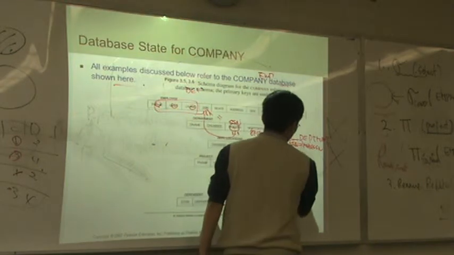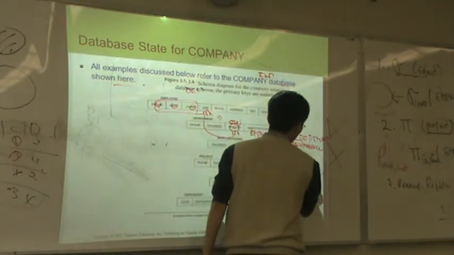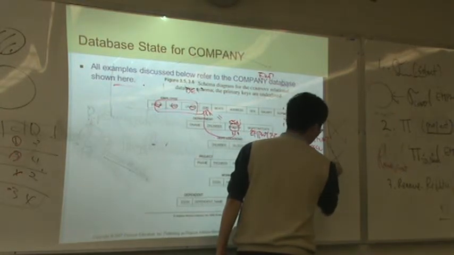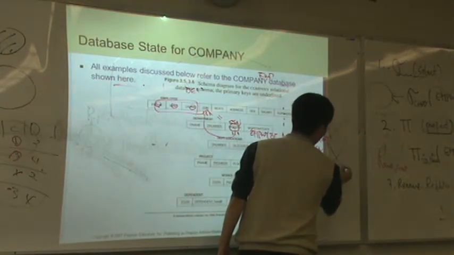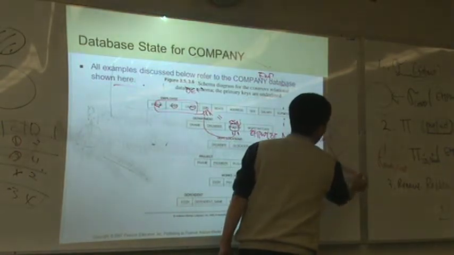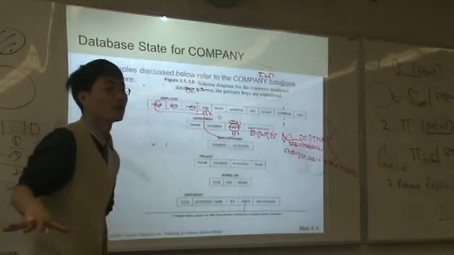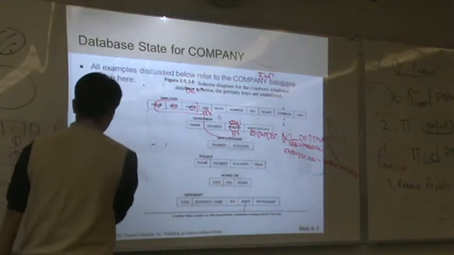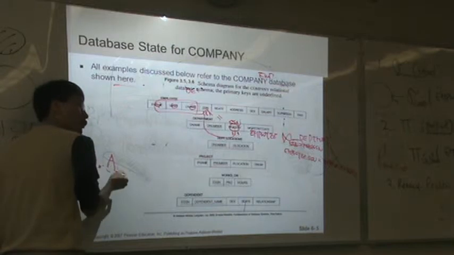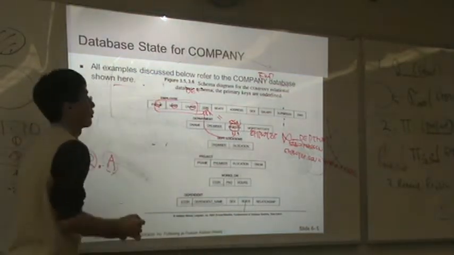At that time you can use employee.SSN equal to department.MGR SSN. To make sure we learn how to represent the attribute: relation name dot attribute name. You can use the full name of that.